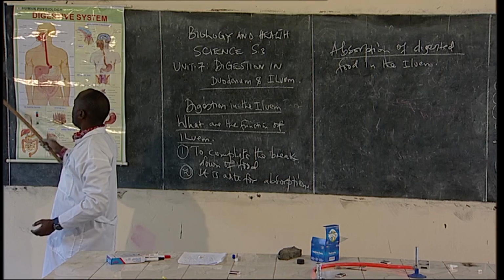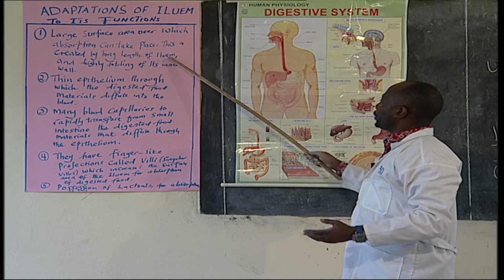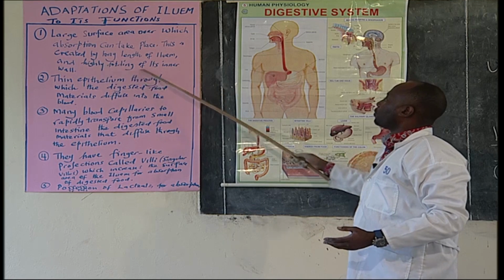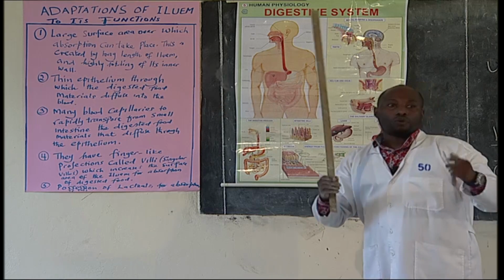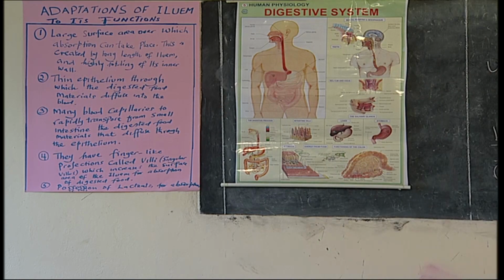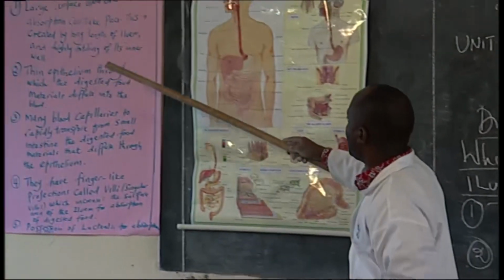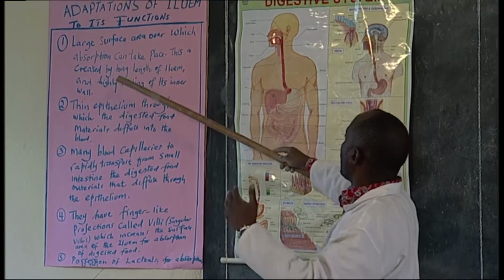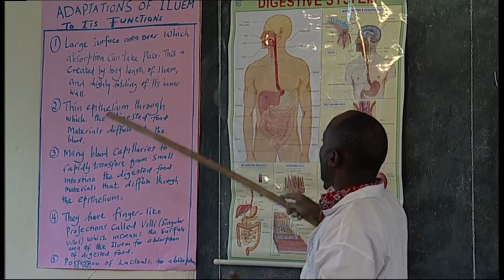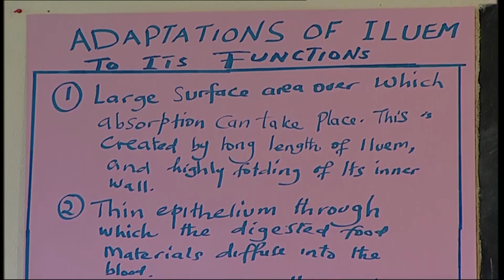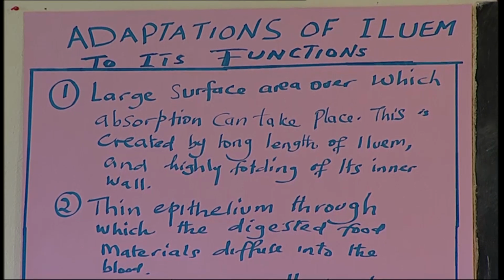This is created by the long length of the ileum and the highly folded inner wall. As you can see on the diagram, the inner wall is folded. That creates a large surface and enables the process of absorption.